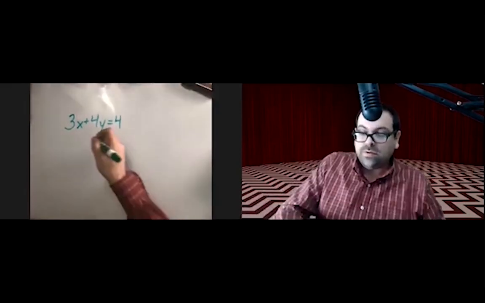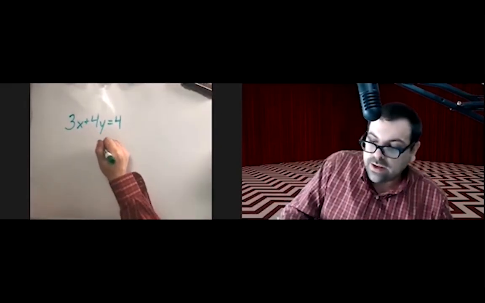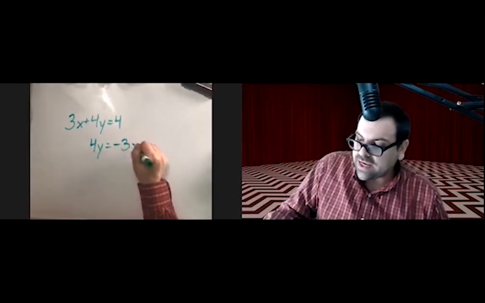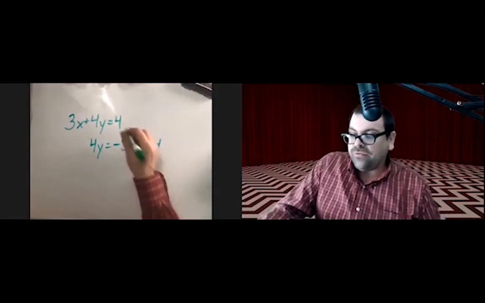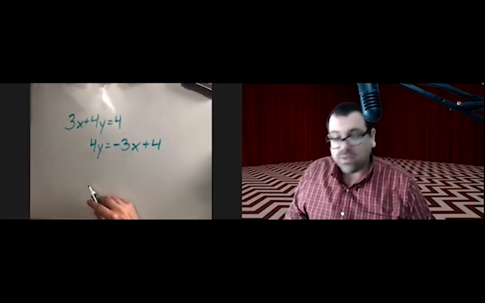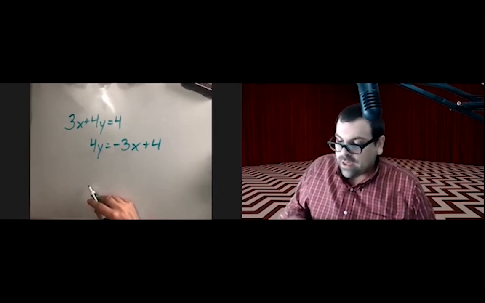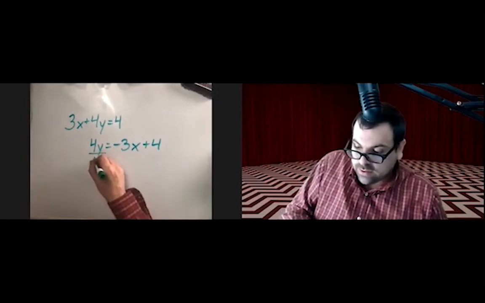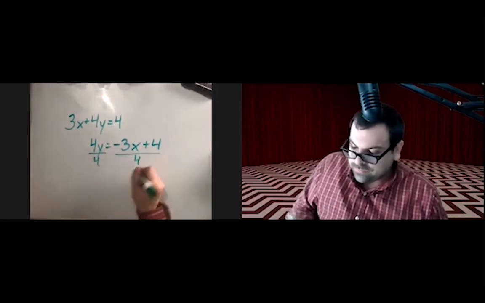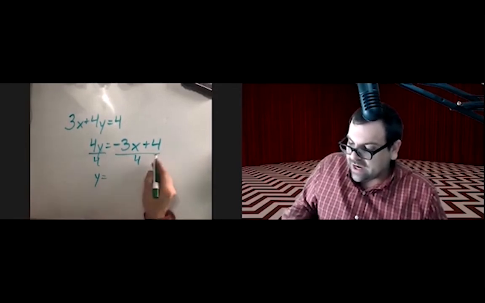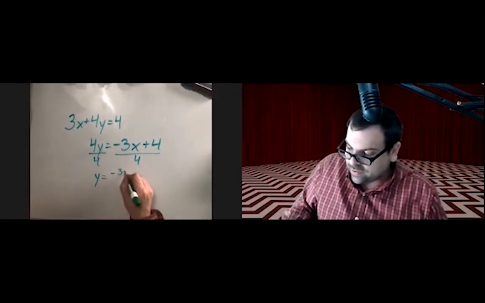So, solving. I'm going to go ahead and subtract 3x from both sides. We know 4 minus 3x is the same as negative 3x plus 4. I'm going to divide both sides by 4. y equals, and we know this would be dividing both of these by 4.